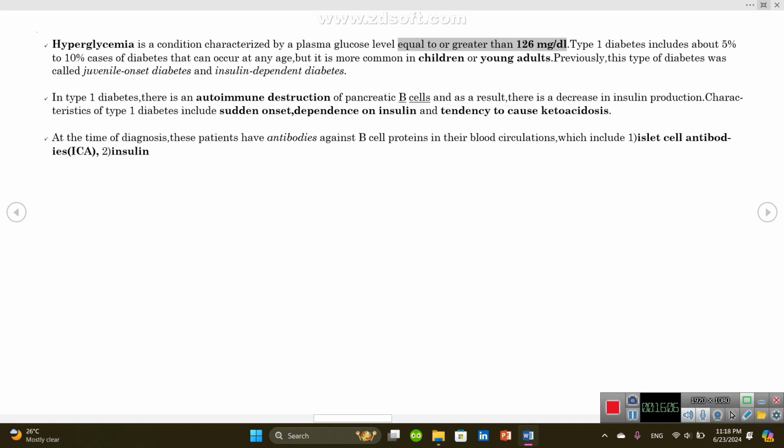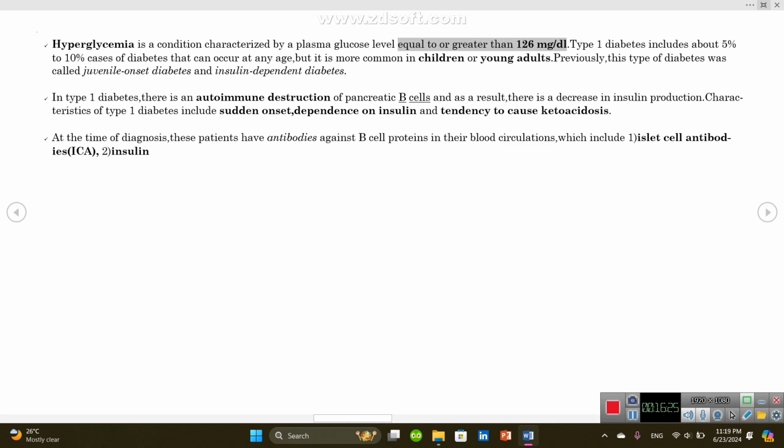So hyperglycemia means 126 milligram in 1 deciliter of blood or above.